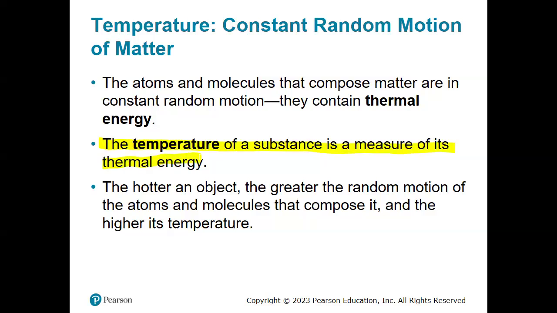How much thermal energy is present in a given substance? And we can tie that value of thermal energy directly to molecular motion. The hotter the temperature is, the higher the thermal energy is, the faster those molecules are going to be moving. The lower the temperature is, the less thermal energy present, the less energy that the molecules have. They're going to move slower as a result.